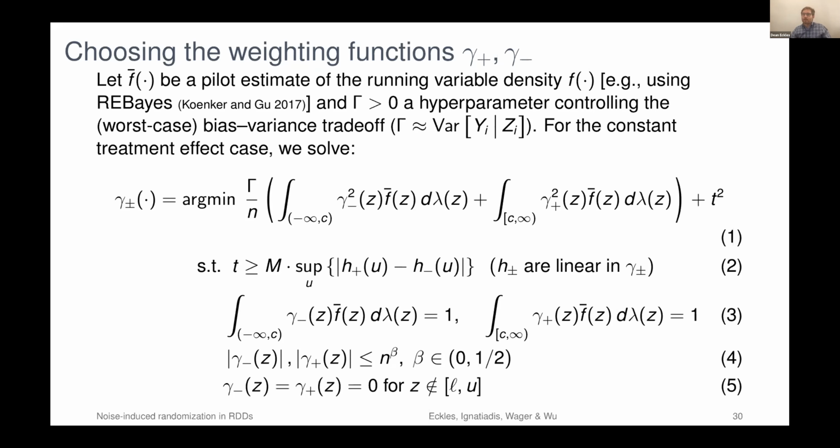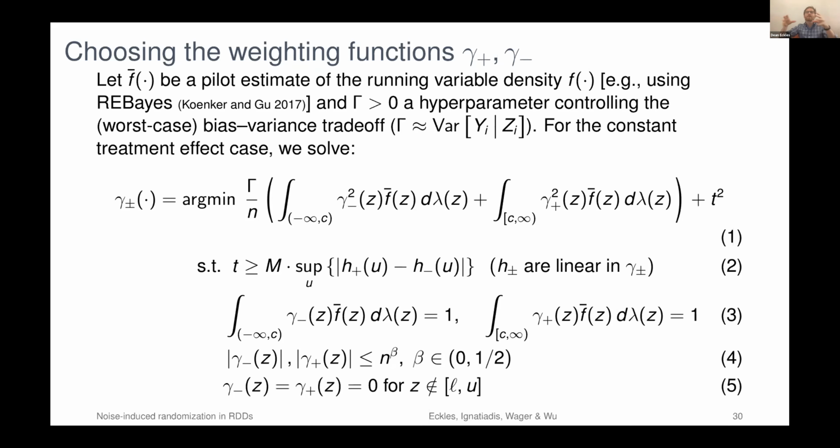So constraint 3 here is saying that we actually want these weighting functions such that they have expectation 1. Then we want the weights to not be growing arbitrarily fast. So we can't have the weights get too large right around the cutoff too quickly, right? In order to get our central limit theorem, we're going to need to have weights spread over enough observations.